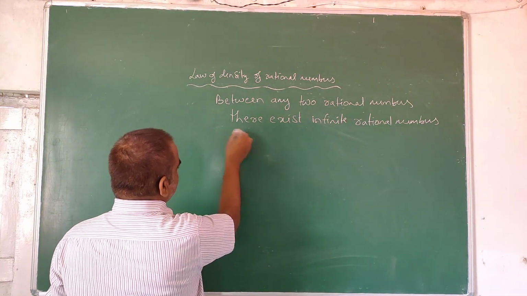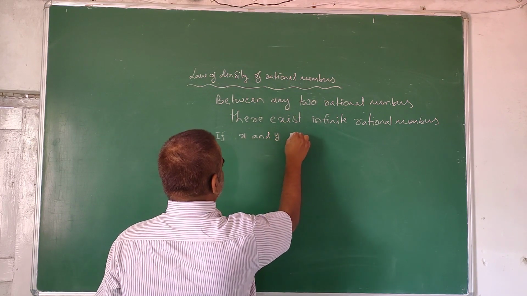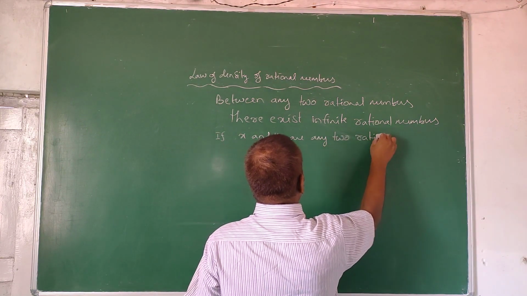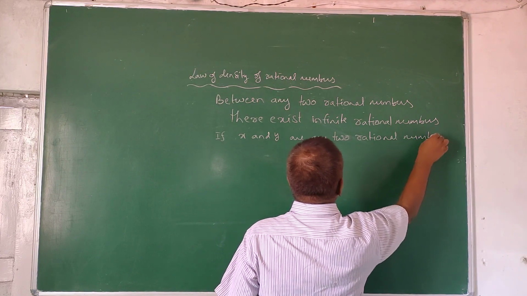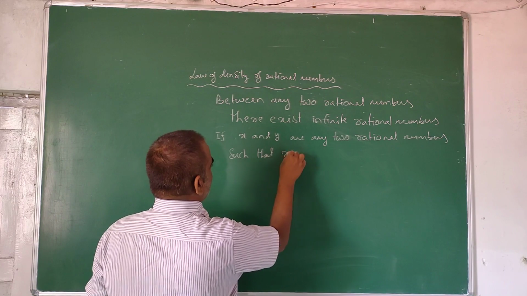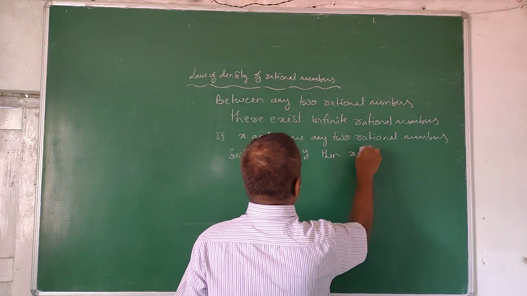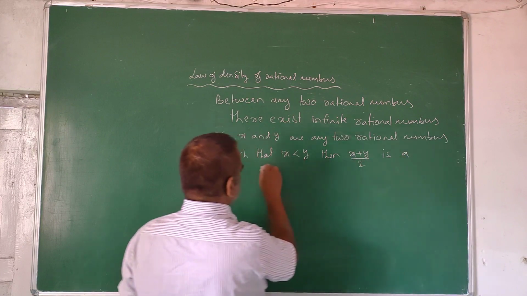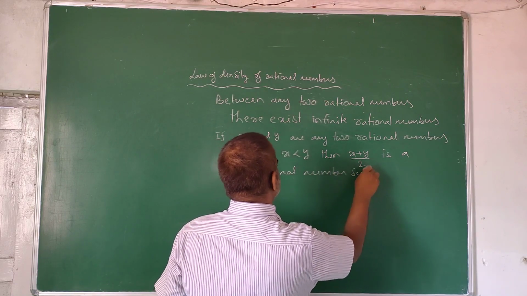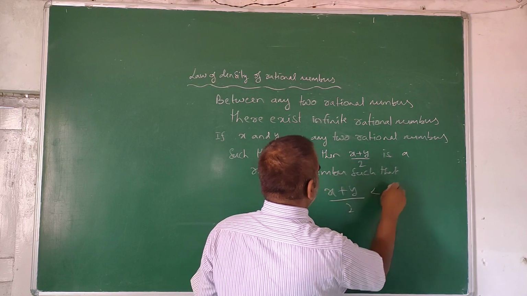In other words, if x and y are any two rational numbers such that x is less than y, then (x plus y) by 2 is a rational number such that x is less than (x plus y) by 2, which is less than y.